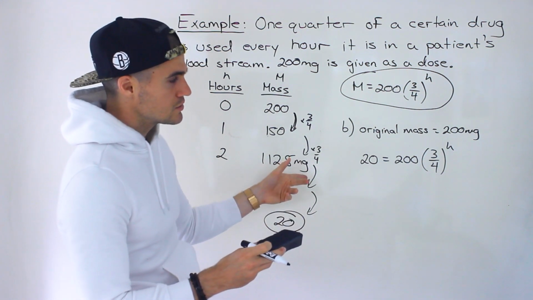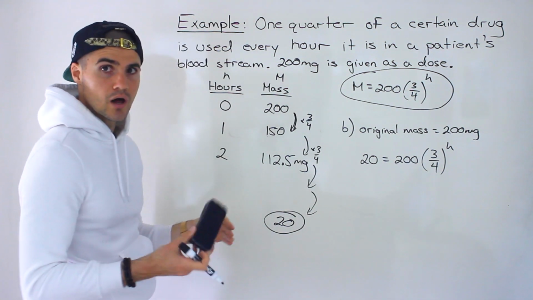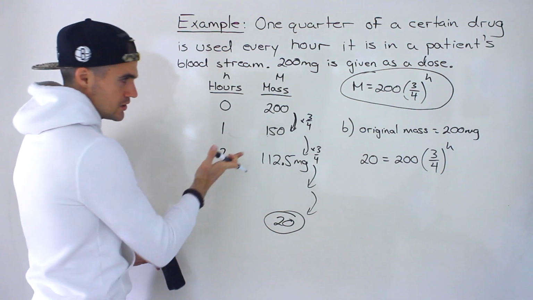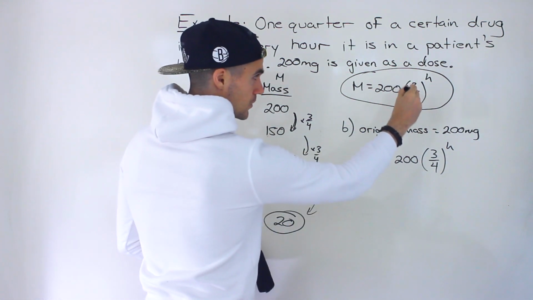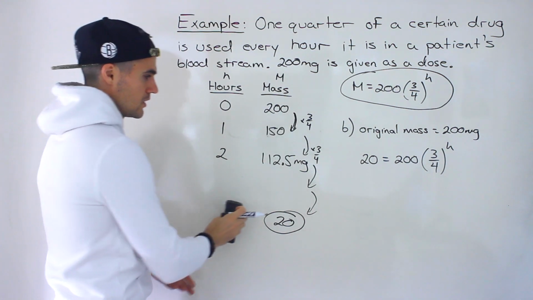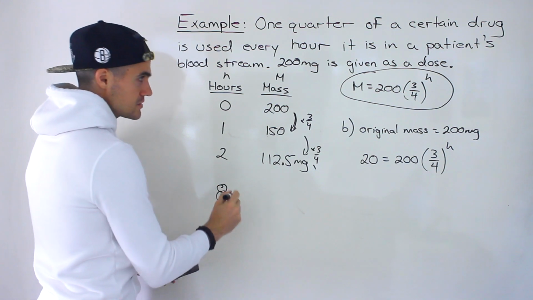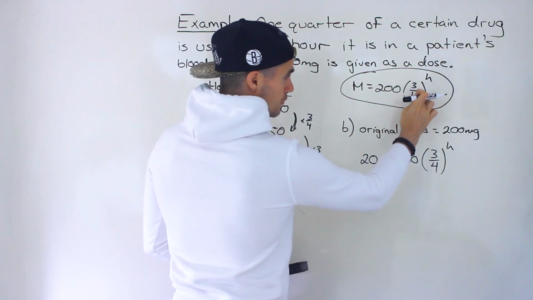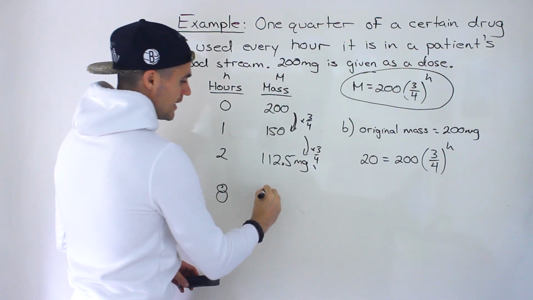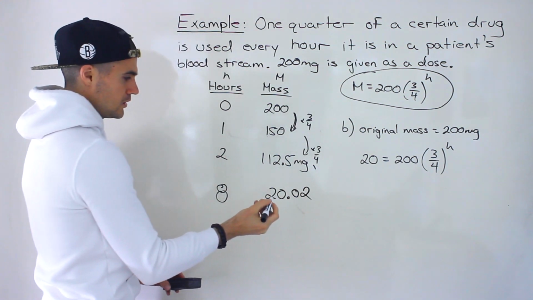And so what you can do is just keep plugging in a couple of h values. If you continue to plug in h values into this equation, so you go 3, 4, 5, etc., at about 8 hours, if you plug in 8, 3 over 4 to the power 8, you get that value, then multiply by 200, you'd get approximately 20.02 milligrams.